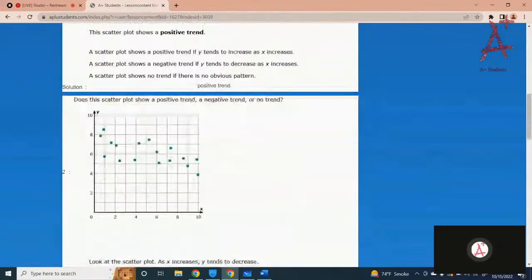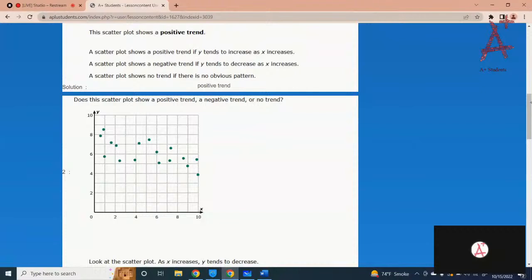So, does the scatter plot show a positive trend, a negative trend, or no trend? Here, as x increases, the y values decrease. The y trend tends to decrease.